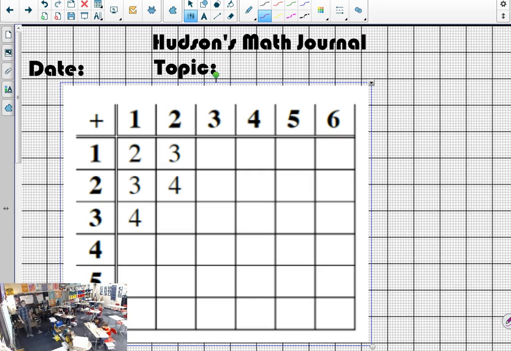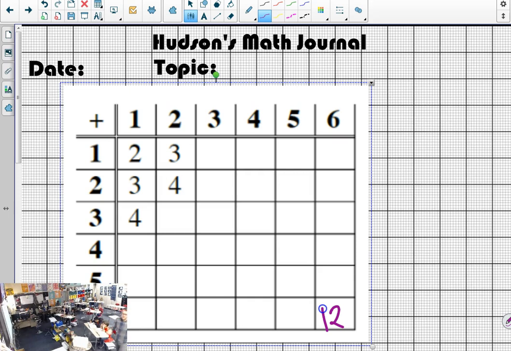Just to make sure we're all on the right track, I'm not going to fill in a bunch of this, but what would go in this bottom right box? 12. 12. Thank you. Make sure we're filling this in. This is a sum table. Somebody said it's like a multiplication table, but it's a sum table. Your axes are the results of the two dice.